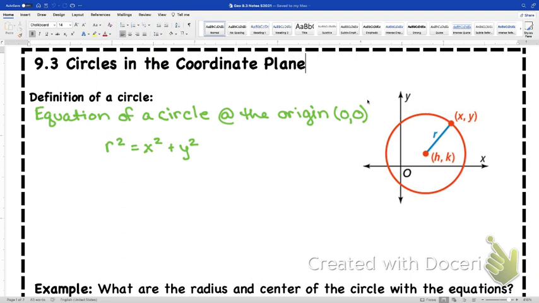So this one is at the origin. Well, you notice this picture is not at the origin, is it? Okay. So an equation. Actually, I will write this in a different color so you can see the difference in your brain. Equation not at the origin.